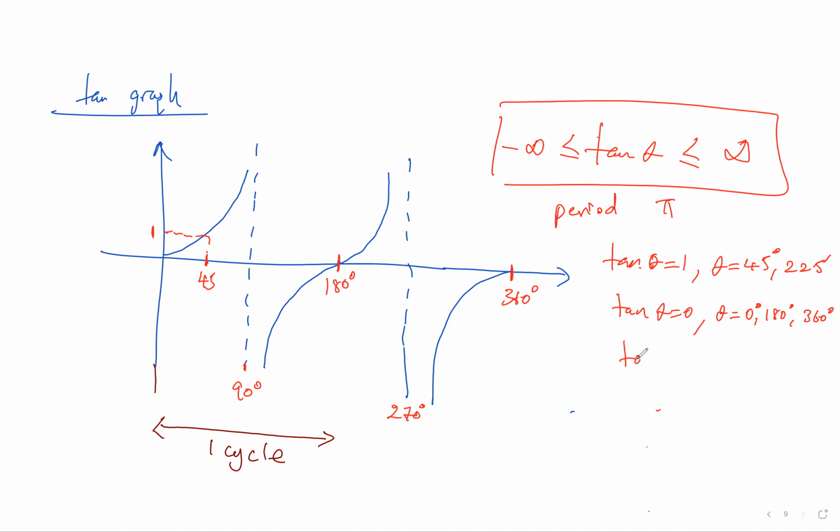So when is it negative? It's negative at theta equal to 135 and 315. So this is your 135. You go further, this is your 315. Hope you understand.